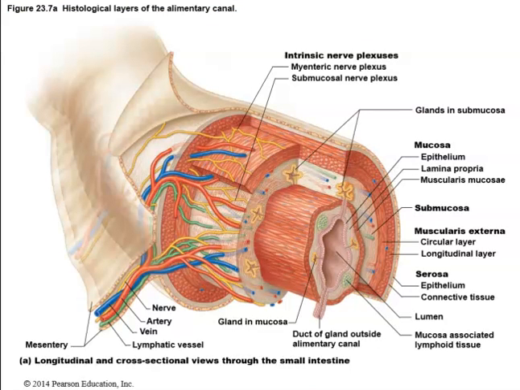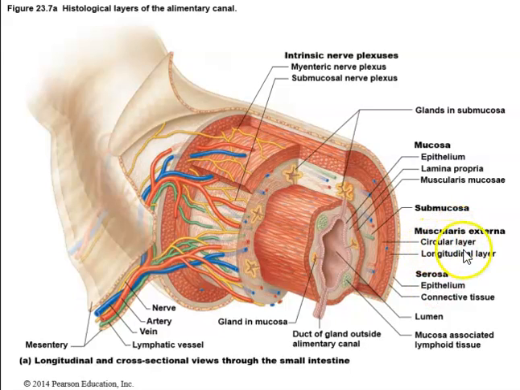So here we can see the different layers of the alimentary canal. We have the innermost layer, the serosa, made up of epithelium as well as connective tissue. And then we have the subsequent outer layers. Important to note are the different muscular layers.